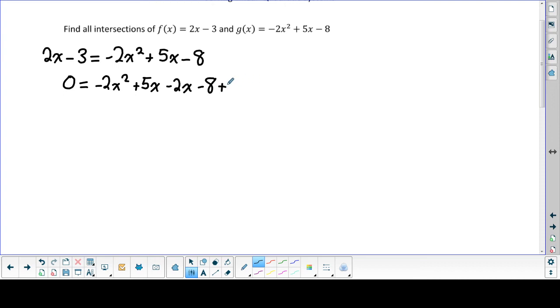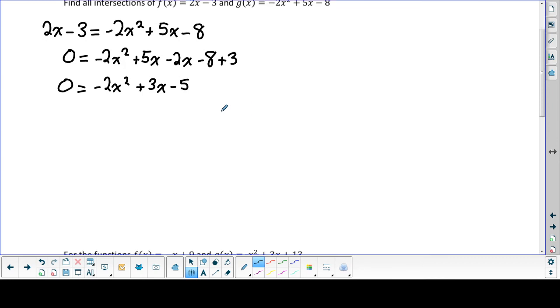So plus 3. Okay, let's simplify. Negative 2x squared plus 3x, not plus, that's a minus, I think. Minus 5.